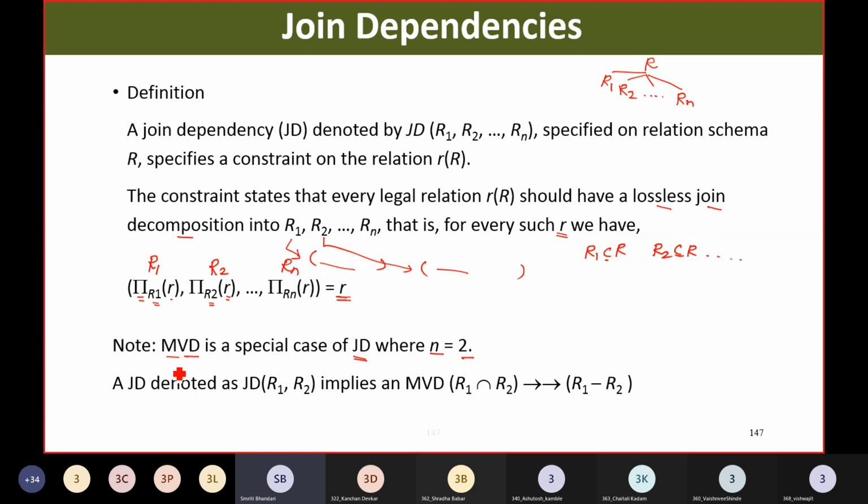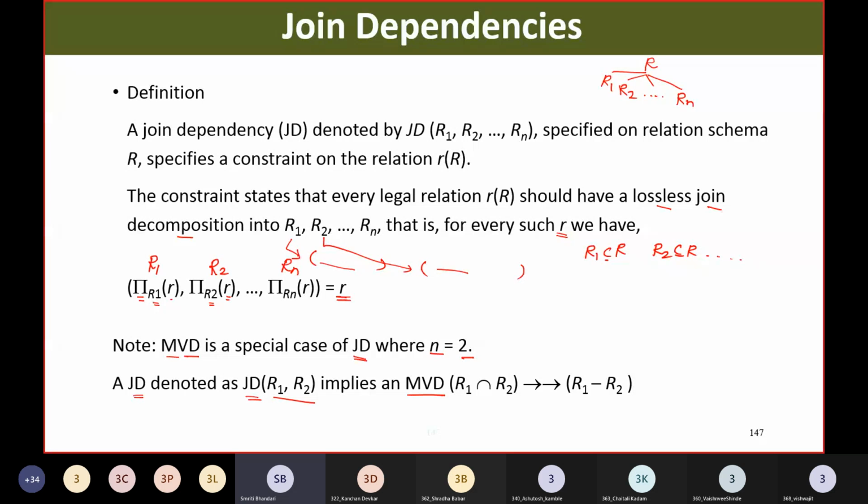In other words, we may write a joint dependency denoted as JD(R1, R2) implies the multi-valued dependency of the form R1 intersection R2 multi-determines R1 minus R2. I repeat, R1 intersection R2 multi-determines R1 minus R2. So this is the definition for join dependencies.